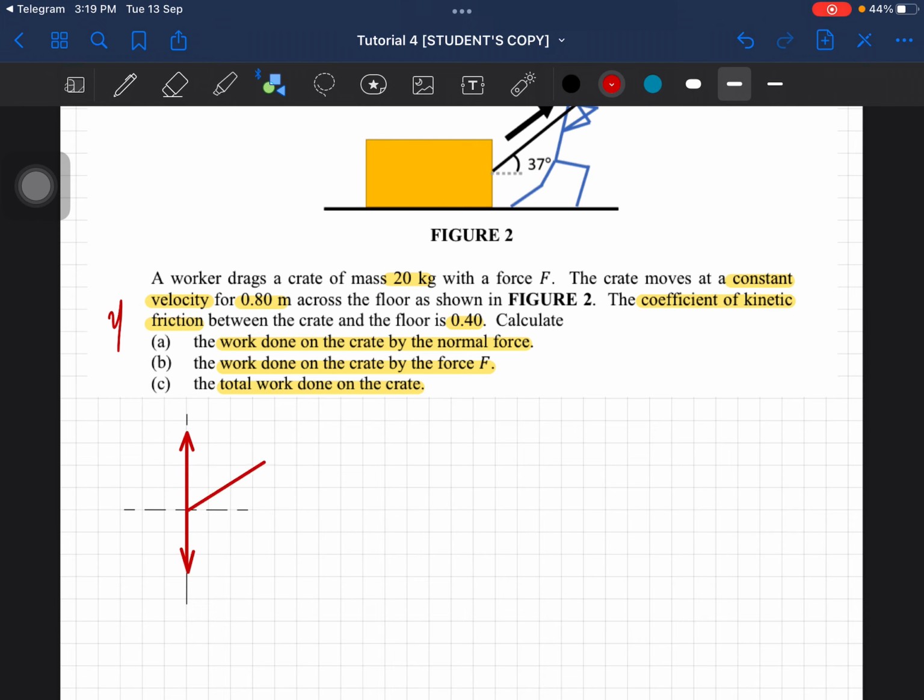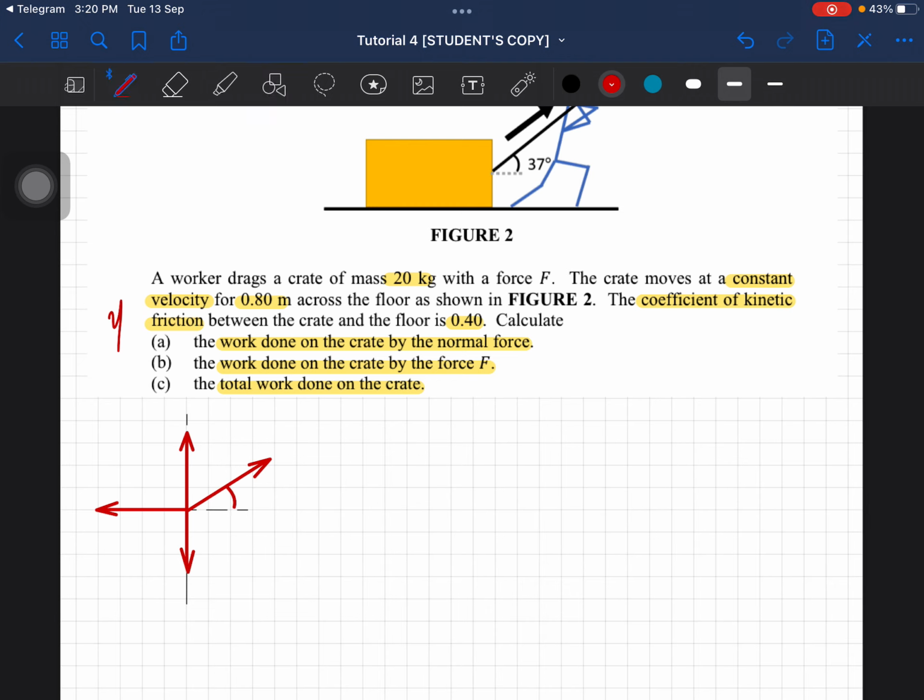Then we have a force that is 37 degrees from the horizontal. And since they gave us kinetic friction, it means this is a rough floor. Remember, the kinetic friction must go against the motion. Alright? Don't forget the angle. I think that is basically it.